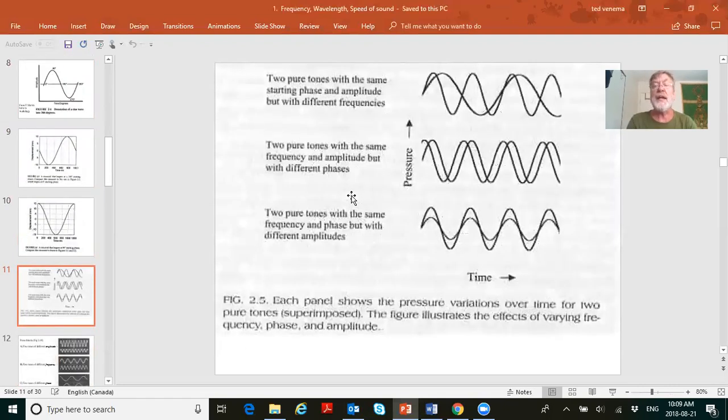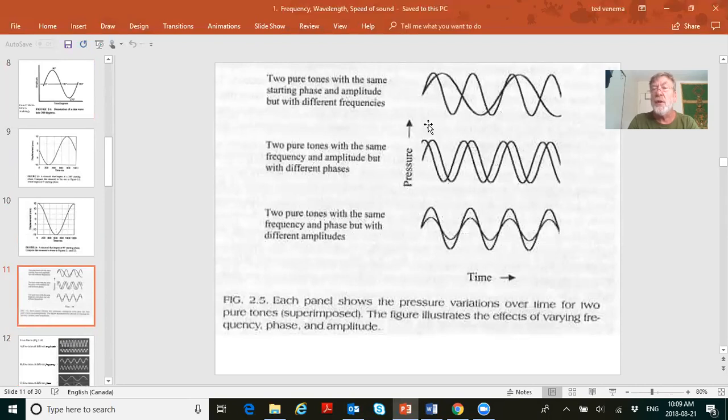So here you're looking at 3 dimensions of sound. So these are all sound waves. This is all the first way to represent sound. Okay, sound waves. Here's 2 tones with the same starting phase. They all started at 0 phase. But look at this one here. It's got more bumps, more cycles than this one does.